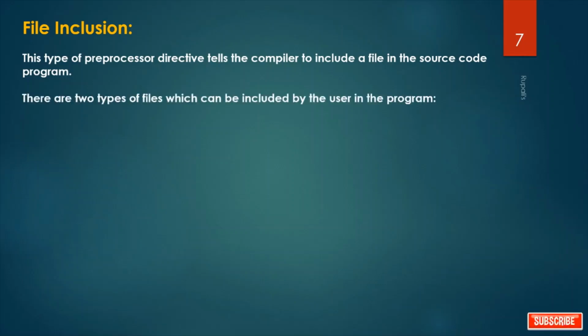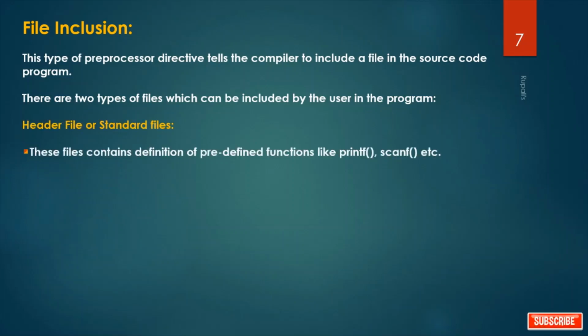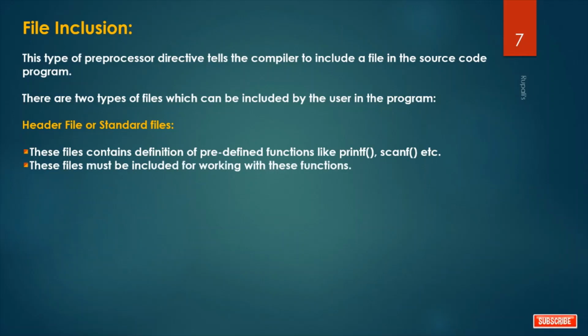There are two types of files which can be included by the user. First is the header file or standard file. This file contains definitions of predefined functions like printf, scanf. So this file must be included for working with these functions.